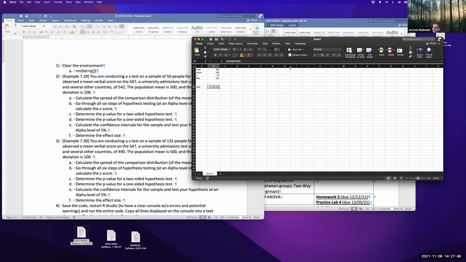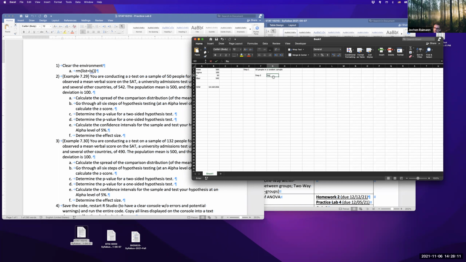So now we have 50 people in a random sample. We want to compare this. So this is our step 1: we're identifying our population, understanding what we're looking at.